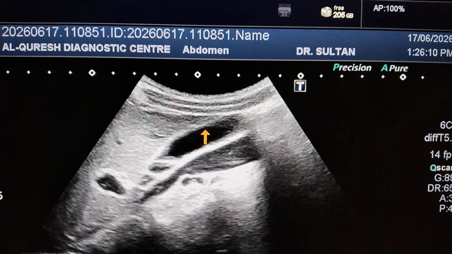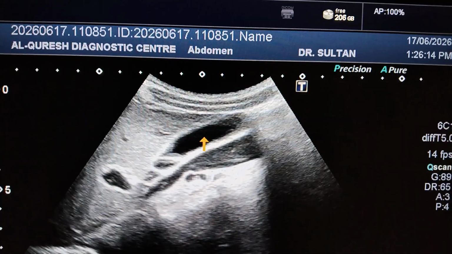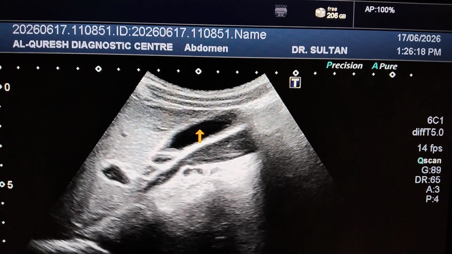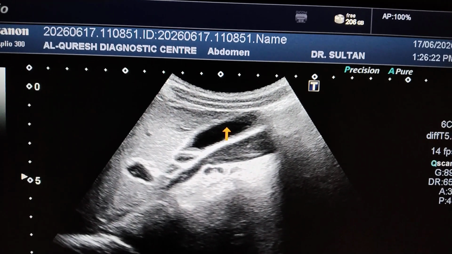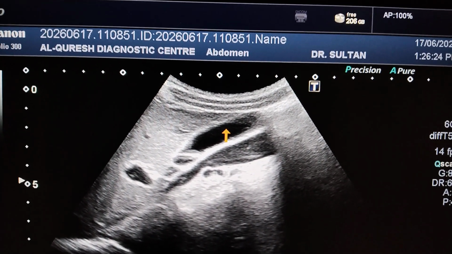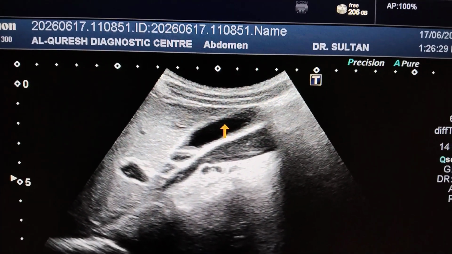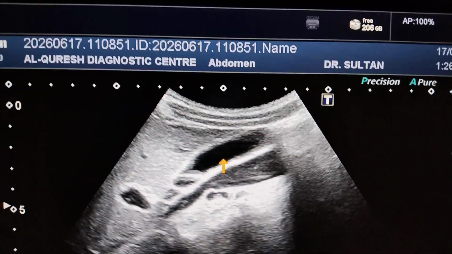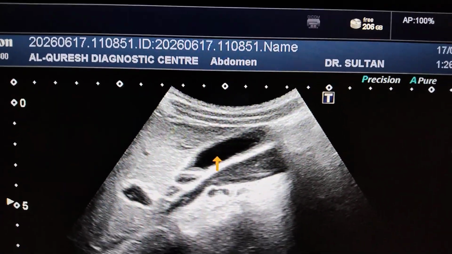The gallbladder normally will be having bile that is produced by the liver. So this bile would be black. As we see with urine and the urinary bladder that is black, normally the gallbladder appears as a black pear-shaped structure.